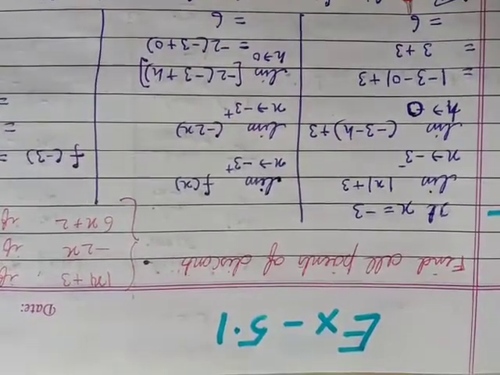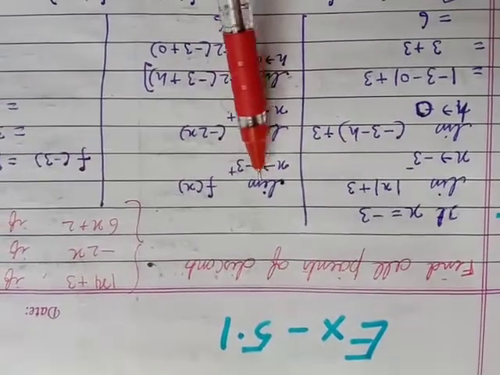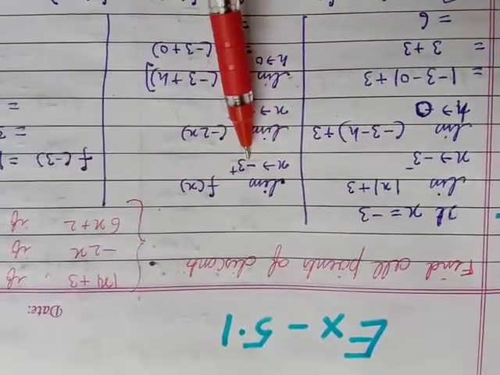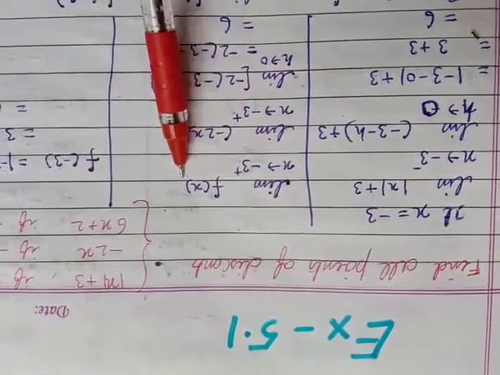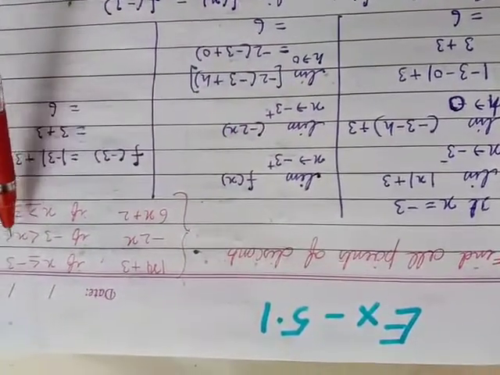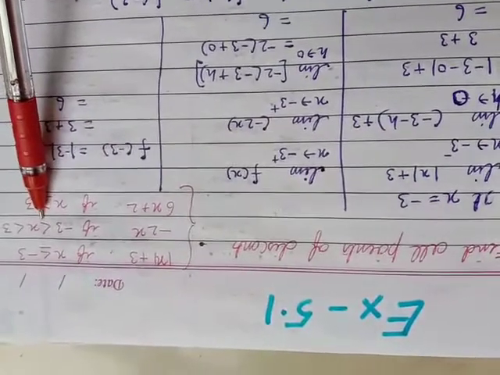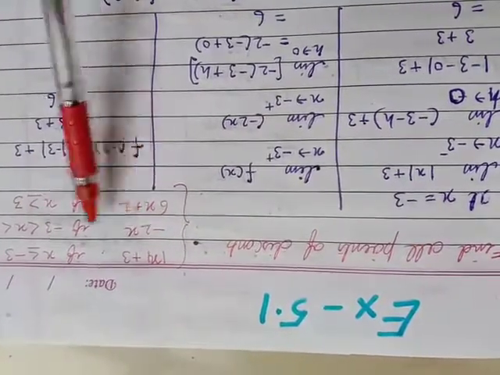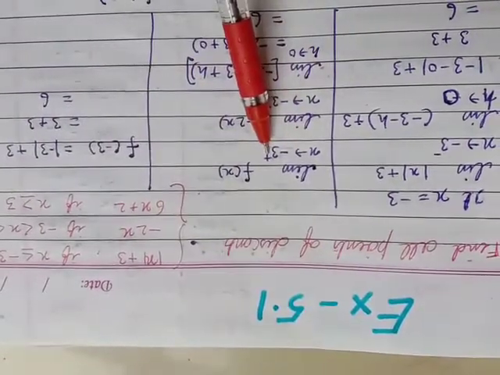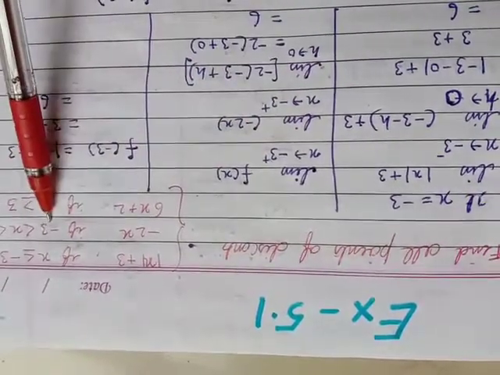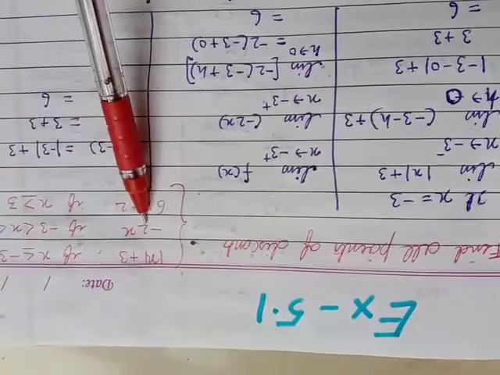that is 6. And now x tends to -3 positive means the right hand limit. Here the function is -2x.